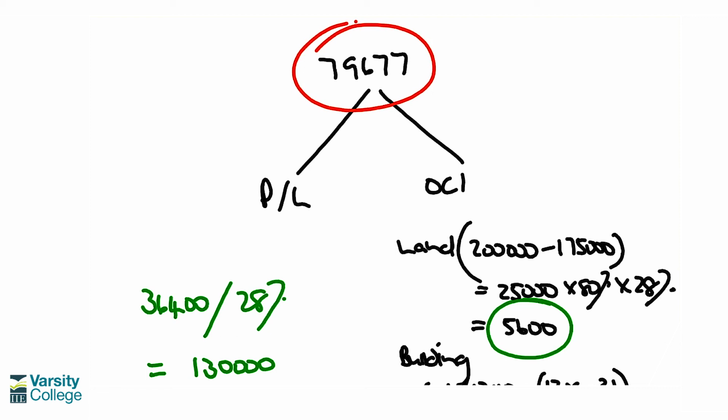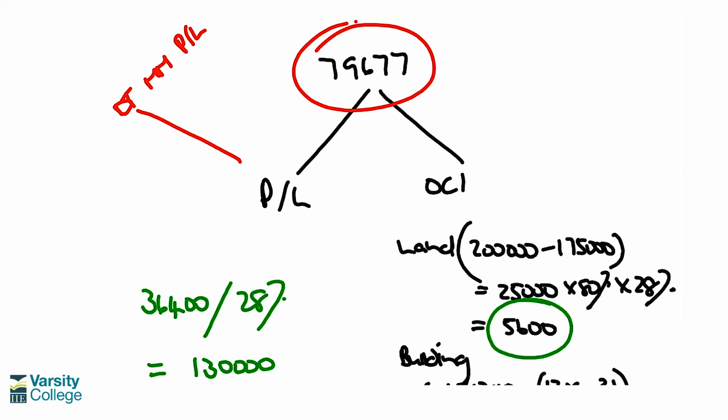Of that, 130,000 relates to also DTL, because revaluations are always DTL, that has gone to OCI. So the trick here is that our DT movement that has gone to P&L is in fact a DTA, not a DTL, because the DTL that's gone to OCI is bigger than our net movement.